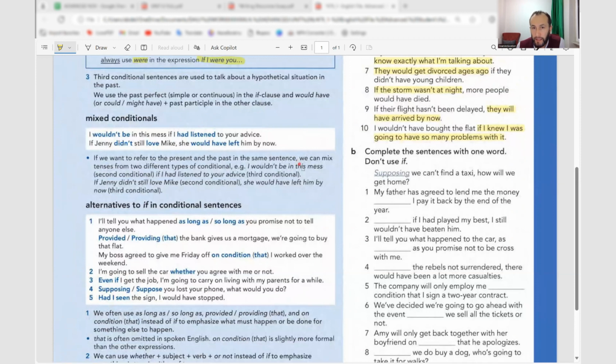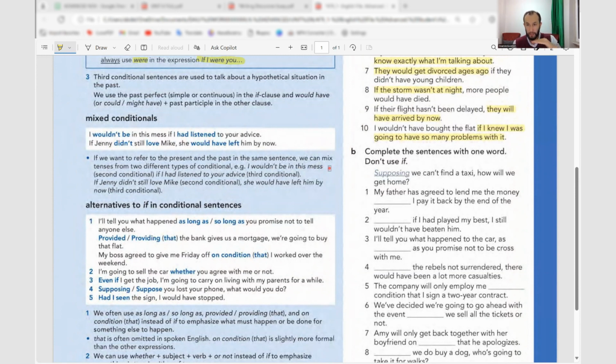Like yesterday, I slept very little, and today I'm tired. It could happen something like that, you know? Or the other way around as well, you know? If you want to do that, present and past in the same sentence, we can mix tenses from two different types of conditionals. Example, I wouldn't be in this mess.